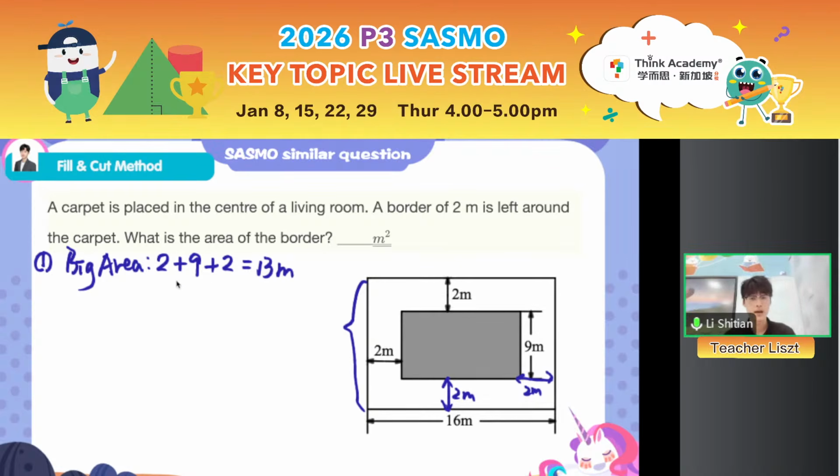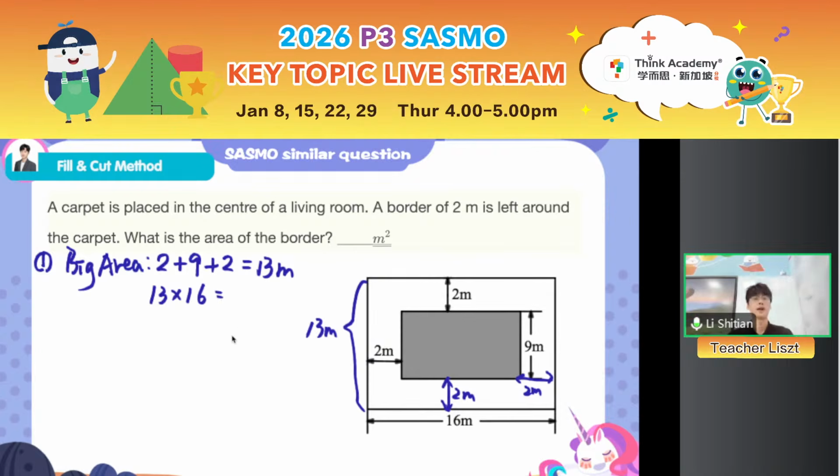13 meters. Then, am I finished? What am I looking for? Am I looking for the breadth? No, right? I'm looking for the area, guys. Now we know the breadth and we know the length. Can you find out the area of the big rectangle here? Of course, we only need to use the breadth times length.